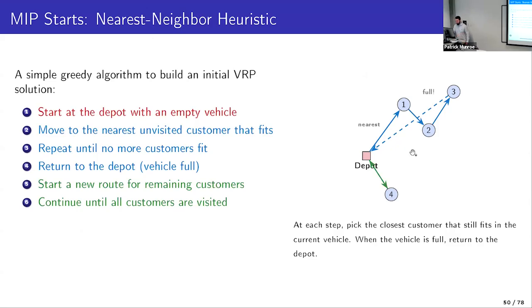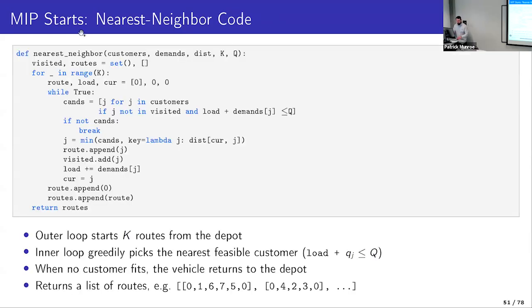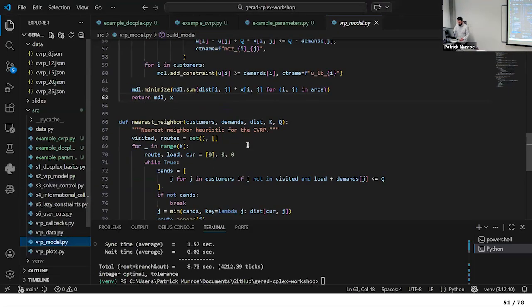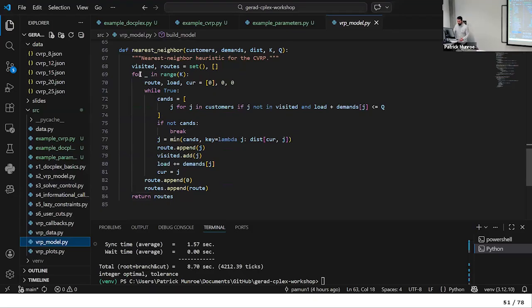So something very simple. It just goes from the depot to the closest node, and then to the next closest node, and so on. And when the vehicle is full, then it comes back to the depot. So this is the code for the nearest neighbor. It's here in the VRP model.py file.